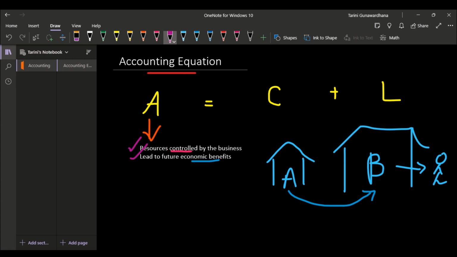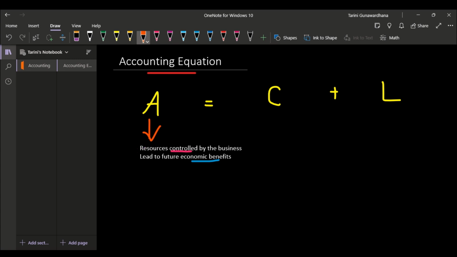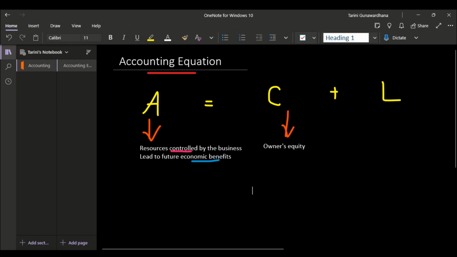That is about assets. Let's see what capital means. Okay, capital is the owner's equity. Let's say that the owner of the business invests money. So the owner gives money for the business's use. That is capital, right?